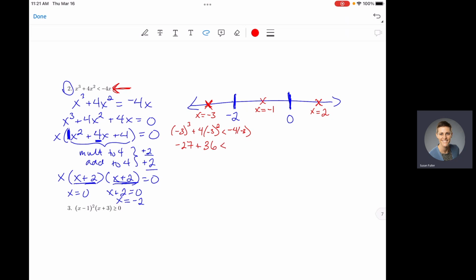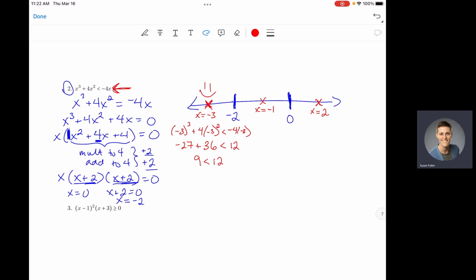And that's going to be less than -4 times -3. That's a +12. So -27 plus 36, that gives me a +9. And that should be less than 12. That is, in fact, true. So this piece works.